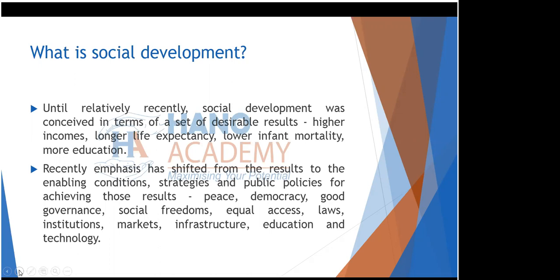Democracy was defined by Winston Churchill as a rule of the people, by the people, and for the people. Good governance among our political leaders, social freedom in our society, equal access to basic needs, laws, building of institutions, markets, infrastructure, education, and technology.